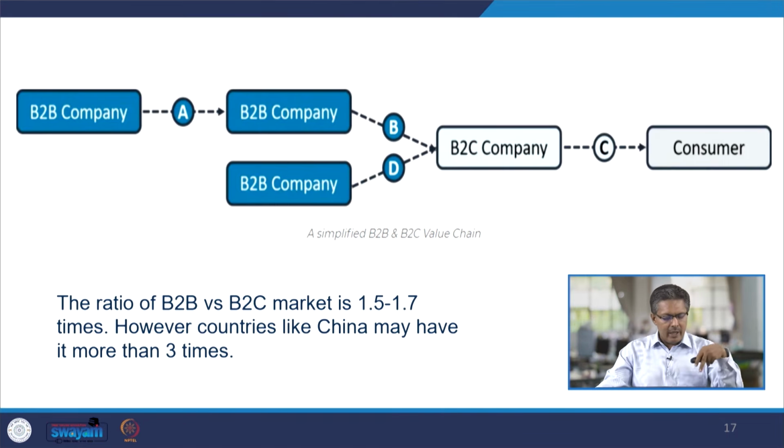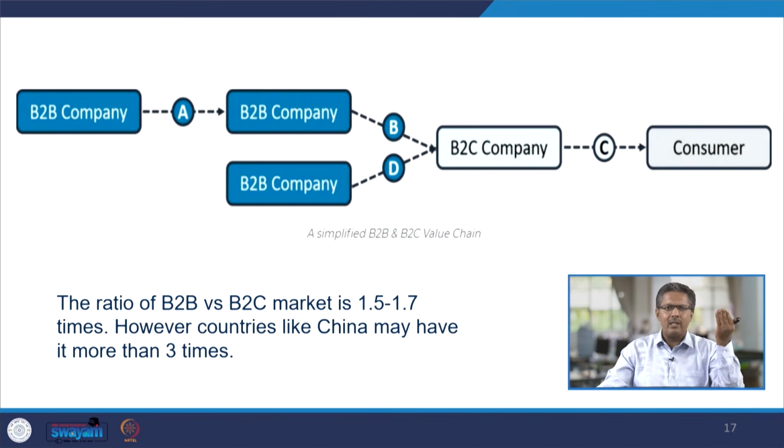Now, you can see in this example, the ratio of B2B versus B2C is 1.5 to 1.7 times. That means B2B is 1.5 to 1.7 times the B2C market, right. Why? The simple reason is that B2B has sales exclusively to organizations, and some products are sold both to retailers and organizations but look like consumer products.